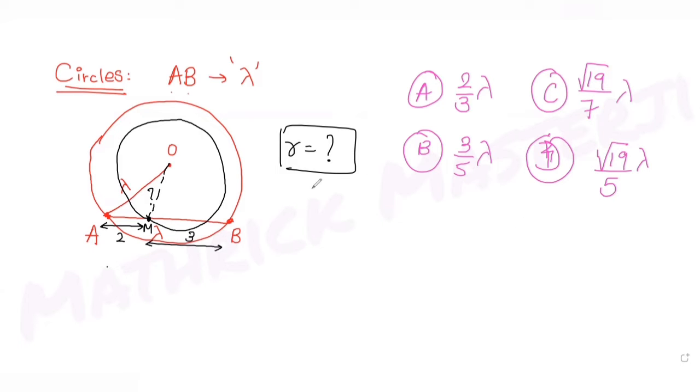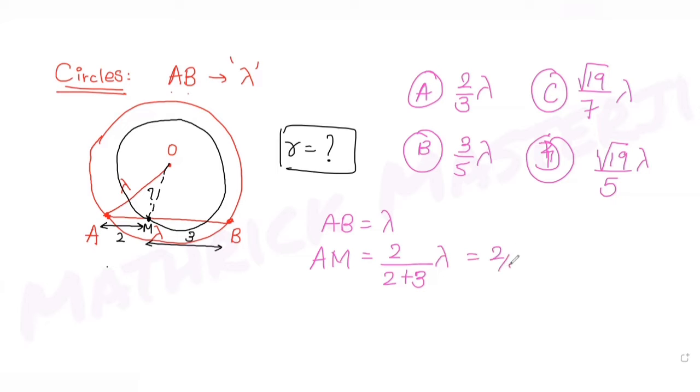If I try to solve this question, I need the length of OM, which is the radius of the circle formed by the locus of this point M, which divides this chord AB. We know the length of AB is lambda. And M divides AB internally in the ratio 2 is to 3, so AM becomes 2 parts out of a total of 5 parts of lambda.